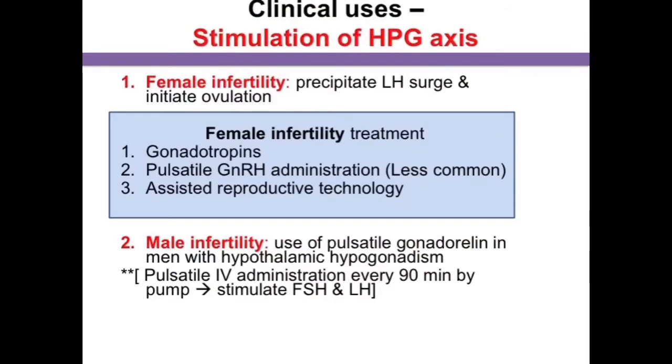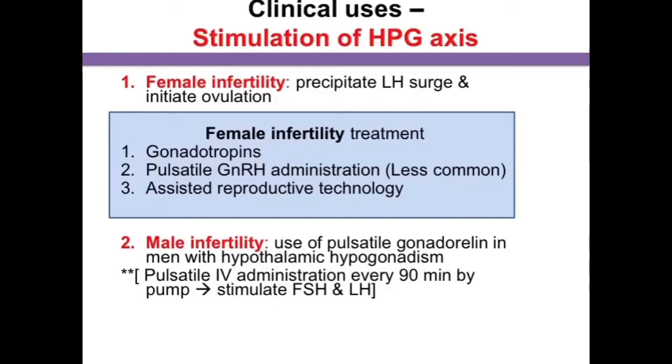What are the clinical uses of GnRH analogs? We have firstly, according to its stimulation of the hypothalamic pituitary gonadal axis, we can use it to treat female infertility. So GnRH analogs will precipitate the LH surge and initiate ovulation.